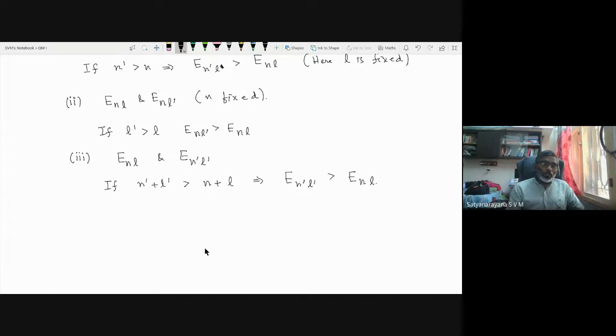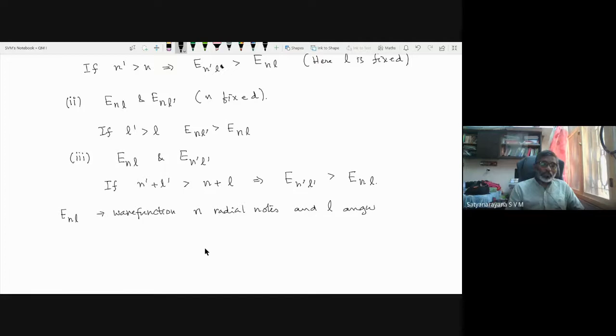Now, if you say you have E_nL, the wave function corresponding to this, psi_nL, has n radial nodes, basically these are zeros of the radial function, and L angular nodes.